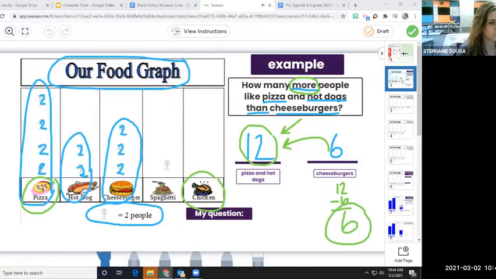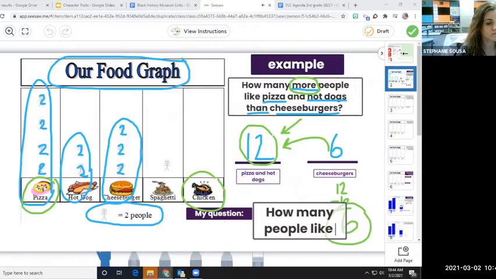How many people like chicken or pizza? I used my question words and I used categories from the graph, and I can type it into the box. How many people like chicken and pizza?